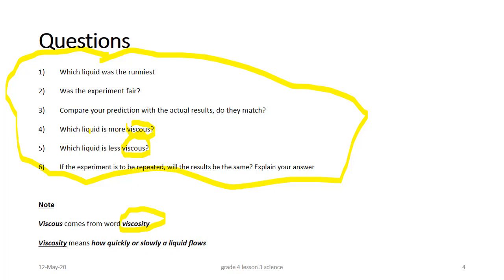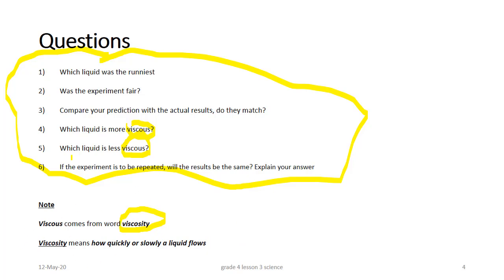It's like which liquid flows faster, which is almost similar to the first question. And question 5 is which liquid is less viscous. It's like which liquid flows slowly.